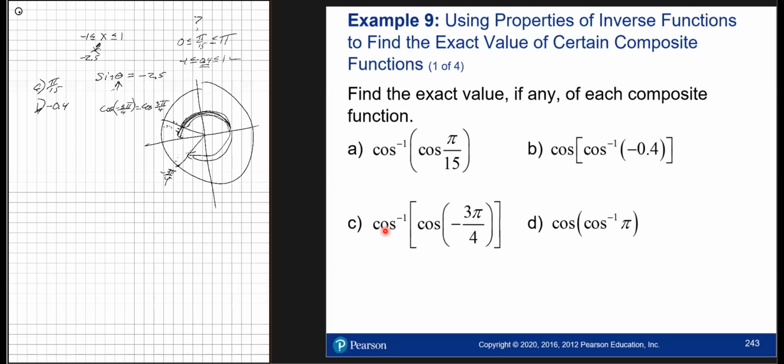So for secant and cosecant, the values we're dealing with are any real number except for the numbers in the interval -1 to 1 exclusive. It's an open interval that x cannot be in for secant and cosecant.